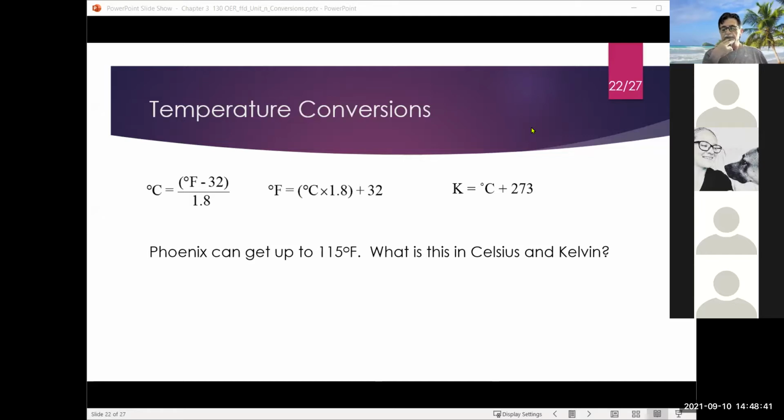And then for Kelvin, you need Celsius and just simply add 273. So with that, try 115 Fahrenheit, convert that to Celsius and Kelvin, and you should come up with 46 Celsius and 319 Kelvin. Try that, see if you come up with those answers.